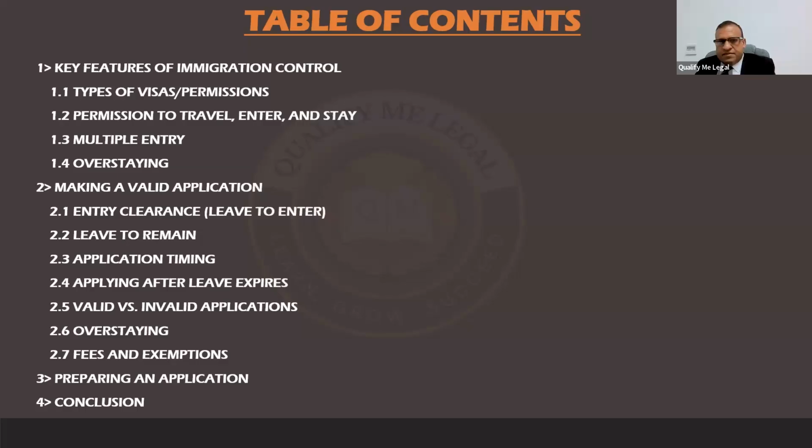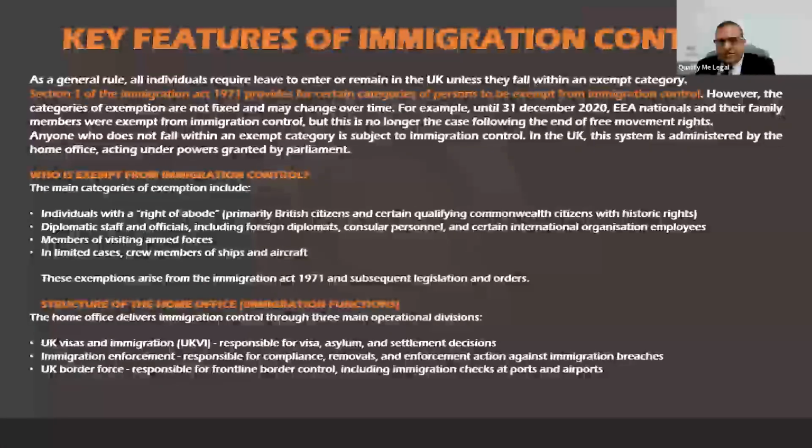The key features of immigration control. So there are, however, some exemptions. What are those exemptions? As I told you, people would need some sort of a visa or permission to enter the UK. But there are certain exemptions.